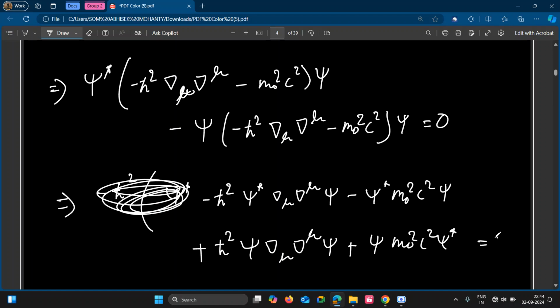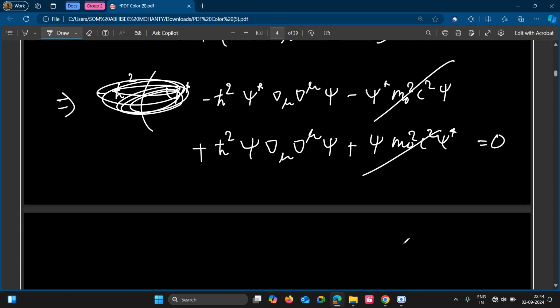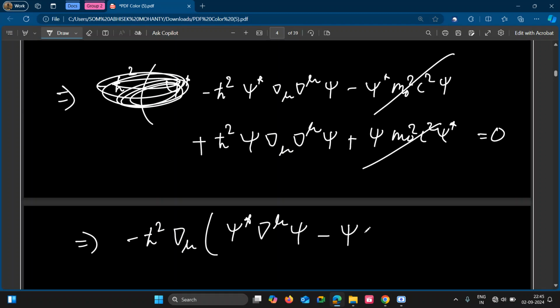See, if you can see, these two will be cancelled out, minus plus. So these two are only remaining. So minus h cut square common. I will take del mu as common. So it will be like psi star del mu psi minus psi del mu psi star.